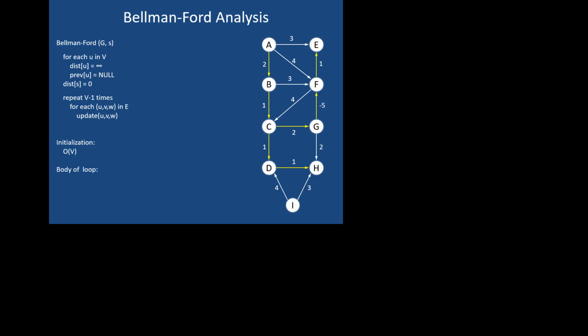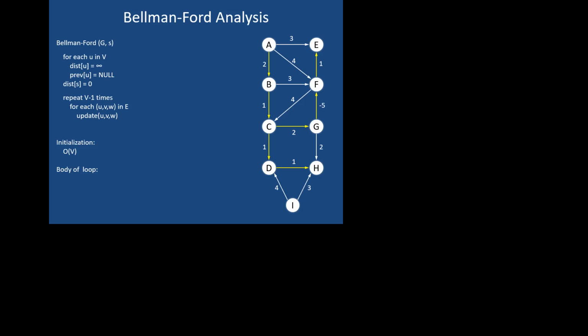So the outer loop runs V minus 1 times, but what's the cost of just the for each loop? Now, how many edges get updated in that for each loop? All of them, which is E.